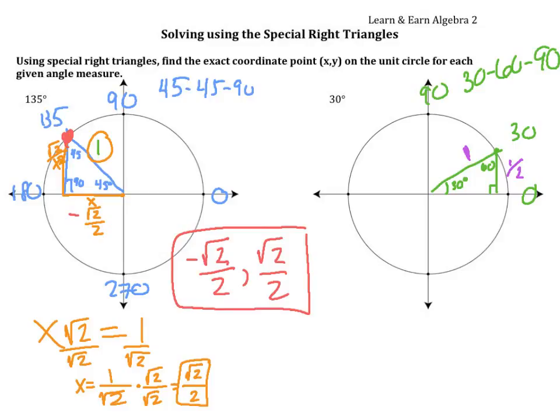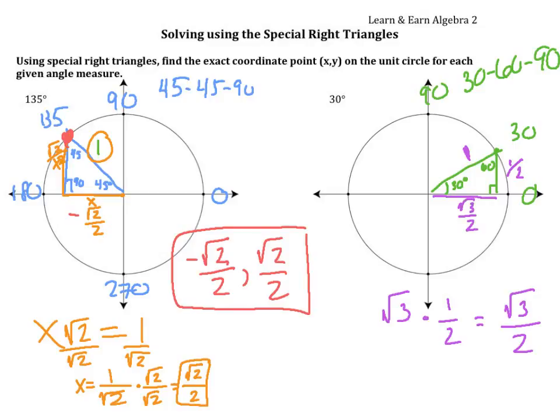Now, to figure out this distance, the rule is the length of the longer leg is square root of 3 times the length of the shorter side. So now I just multiply straight across, I get square root of 3 over 2. So the length of this distance is square root of 3 over 2.